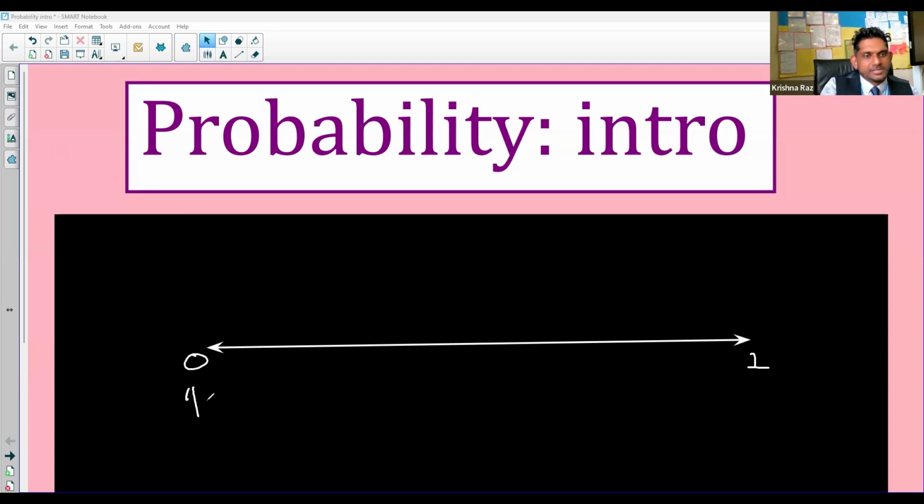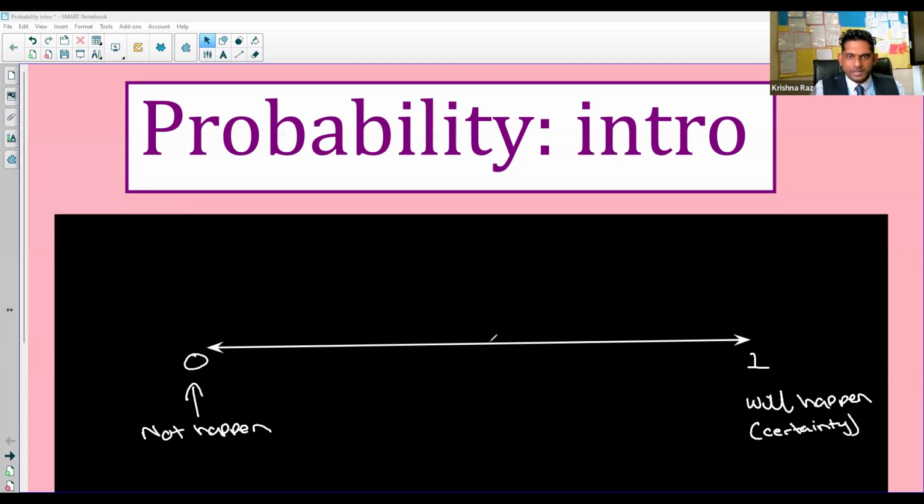So this means it definitely will not happen. And if it's got a probability of 1, it will definitely happen. We call that a certainty. Yes, so we're certain it will happen.